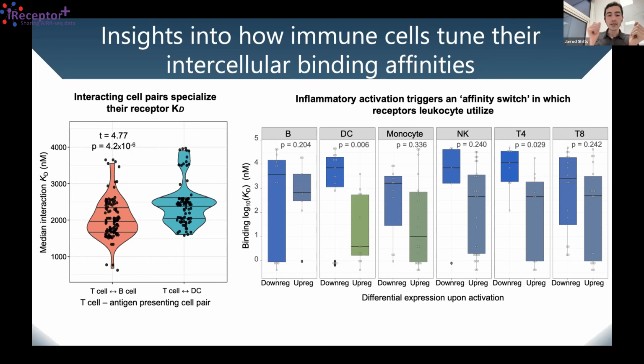There's a bias towards lower affinity interactions, which I should say are the higher numbers, because this is measured in terms of KD, at a resting state as immune cells are surveilling and moving throughout the body. Then, quite dramatically, they downregulate those receptors and replace them with high affinity receptors upon activation. That's an example of the kind of things this opens up once you have this resource.